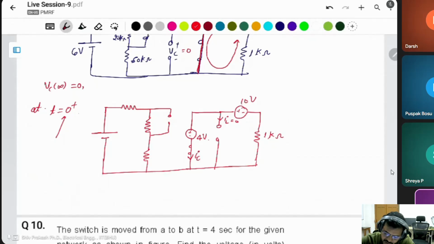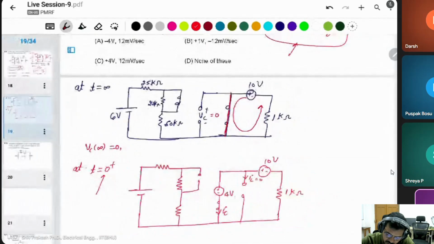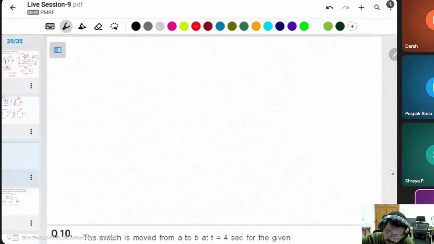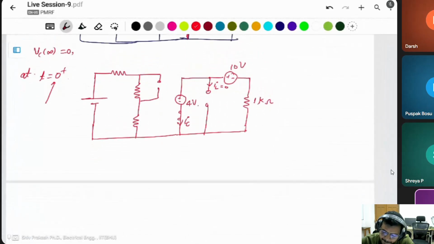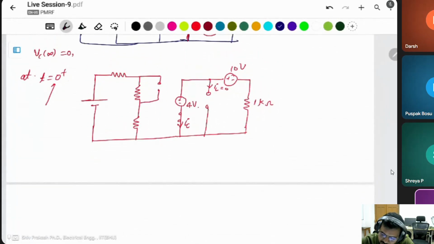You have to find IC. In this condition, what is the IC? You can apply KVL, this is the current flowing direction.